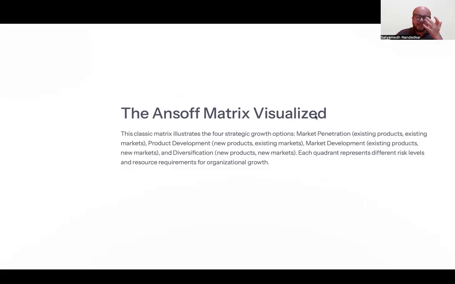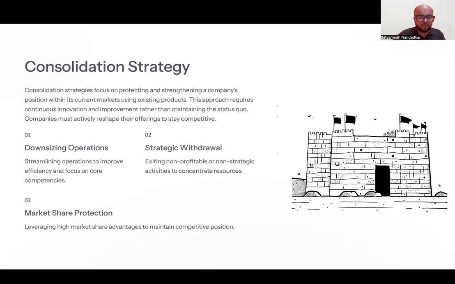Market development, taking existing products to new markets. That would be Satyamed taking his ACCA course to another country where he doesn't have students right now. And diversification, new products for new markets. Maybe I develop a CFA course tailored for another market altogether, say Middle East, for example. So it depends on how I visualize my entity overall.